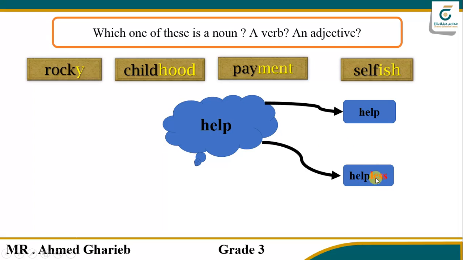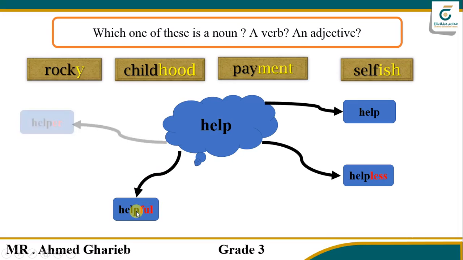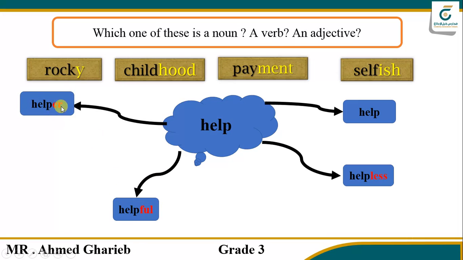As you see, we added the suffix less, meaning without help. Helpful means full of help or wanting to help or willing to help. And helper. Helper is the one who helps, because the suffix er means someone who is doing the action. Here full means full of or willing to or wanting to, and less means without.